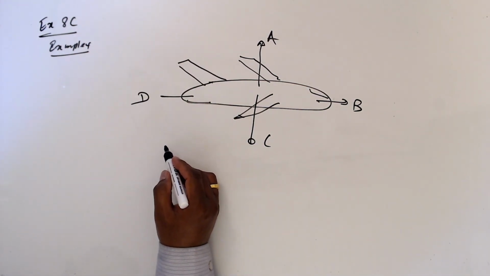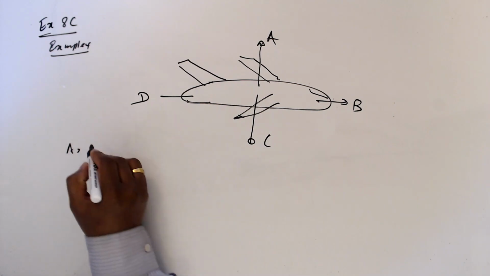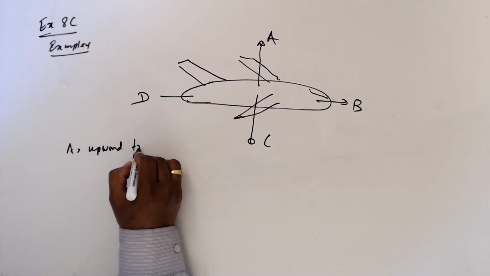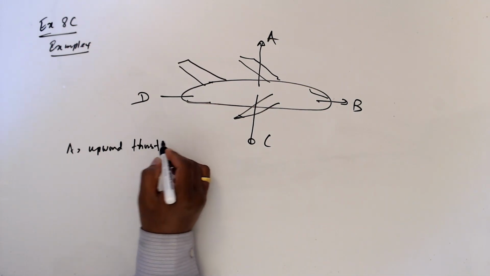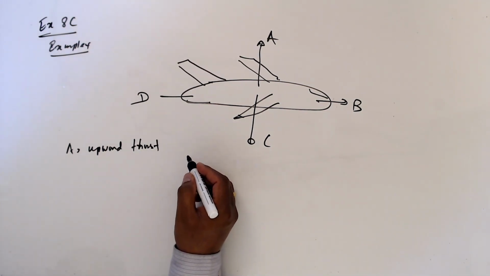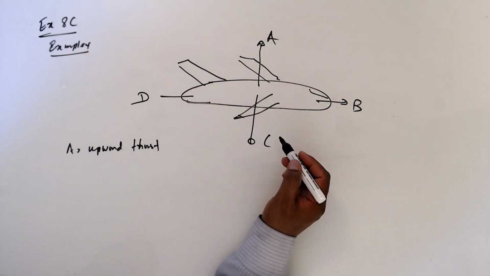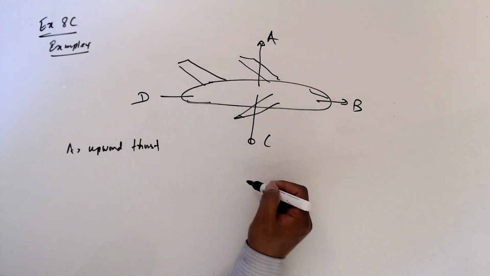So A is called upward thrust. Now this upward thrust stops the aeroplane from falling.